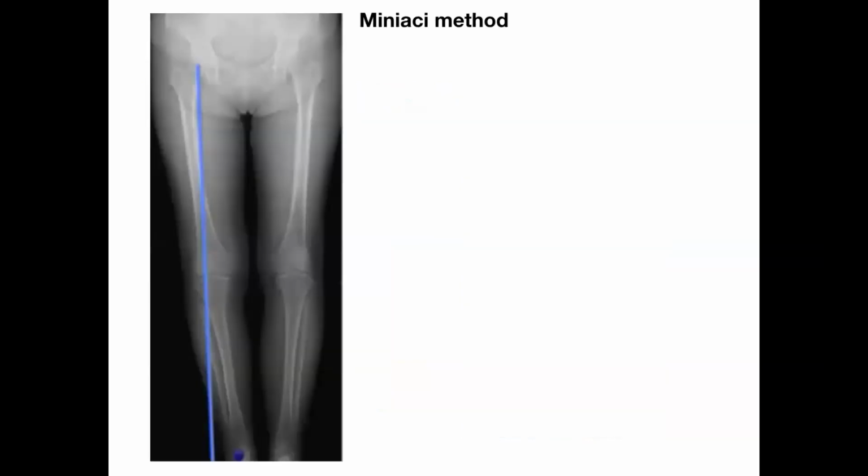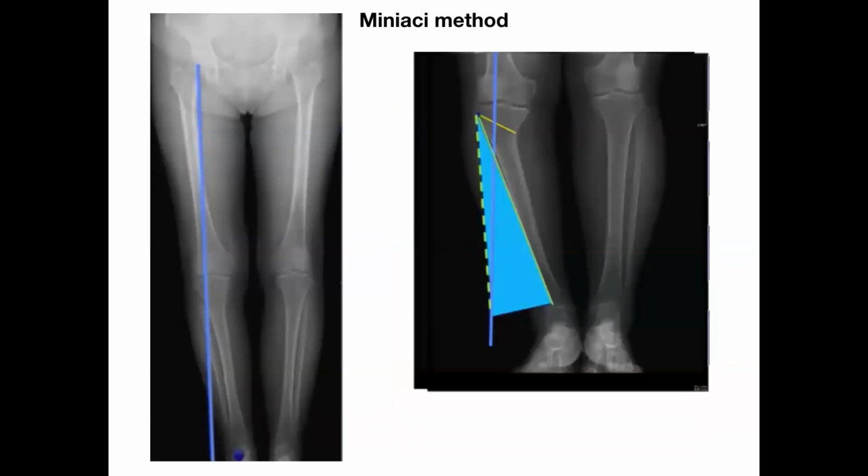Coming to the Miniaci method, a line is drawn from the femoral head to the Fujisawa line. This is the correcting angle. The yellow mark runs from the tibia to the fibular head, and the hinge point is from the fibular head.